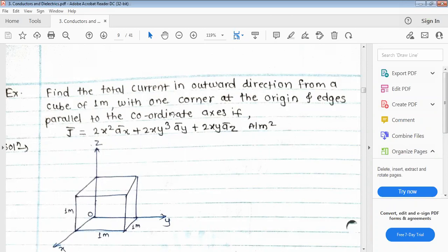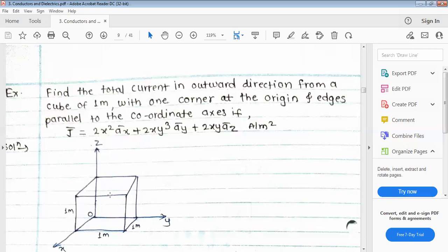One corner is here and the edges are parallel to the axes.